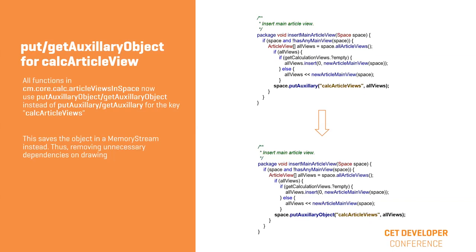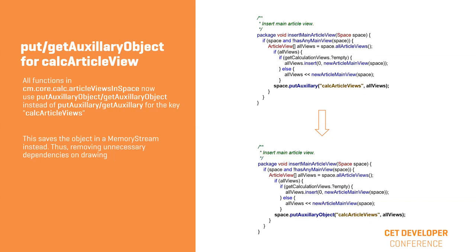So then you will have a dependency. That drawing will require the extension for the class, which might not always be what we want. So instead, we now call put auxiliary object, which converts the object into a memory stream and then saves it in the auxiliary data.